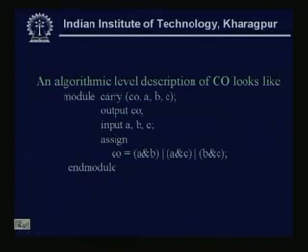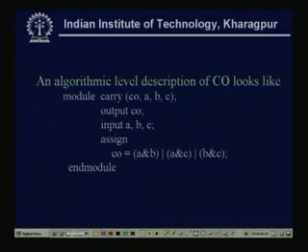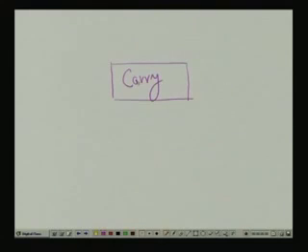So, if I see only the carry output, the way we have designed the digital system, this is my carry module, or you can say this is my subsystem, the carry module.